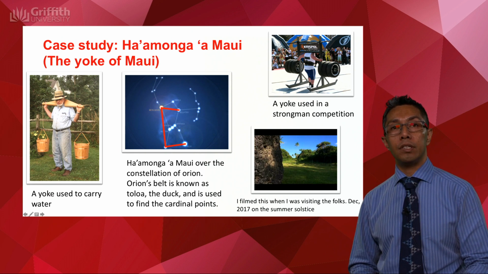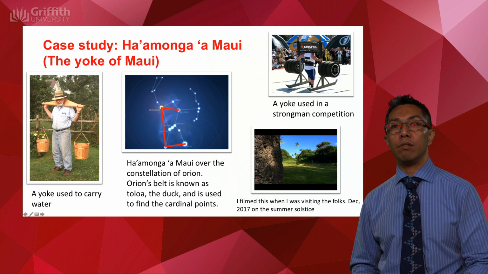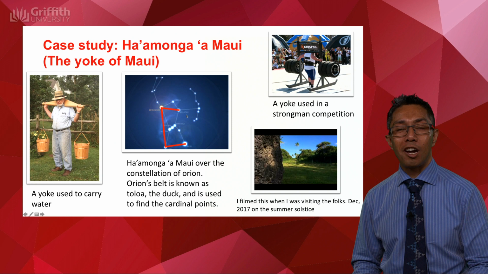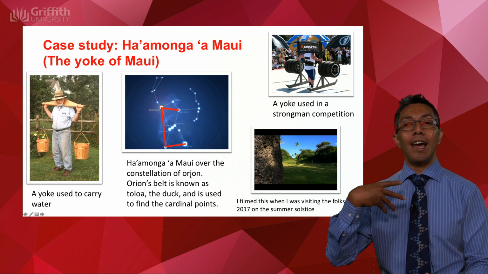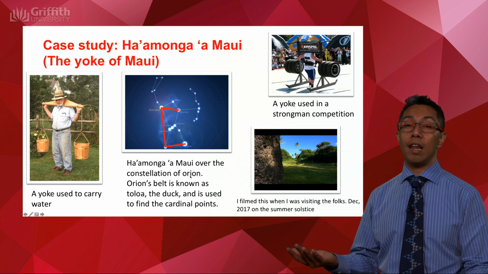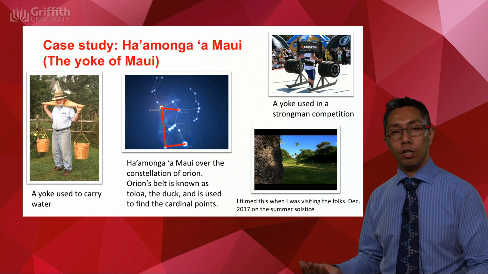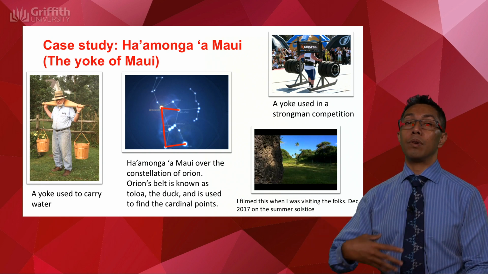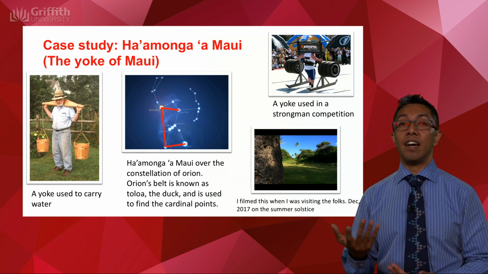That's like this yoke part here, or over here in a strongman competition, there's also a yoke. So that 3-point structure there is known as the yoke, and it was actually an orientating constellation. So if you were a Polynesian navigator out in the middle of the ocean, you would try and find this constellation, and it would tell you where north, south, east and west were.